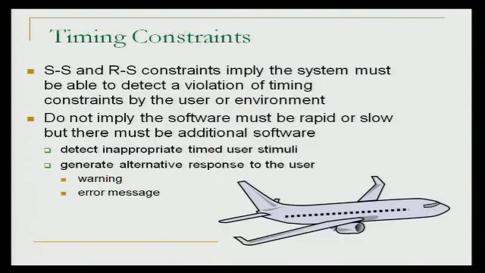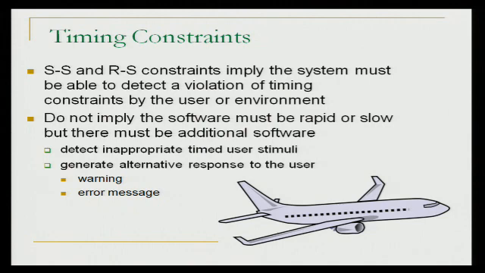Now, how about the others? Stimulus stimulus, or response stimulus. These are completely different. If you have one of these relationships, it's not about how fast your system is. Your system has to do something completely different. It has to monitor the environment and make sure that the environment follows the rules specified in these requirements. So for example, stimulus stimulus.